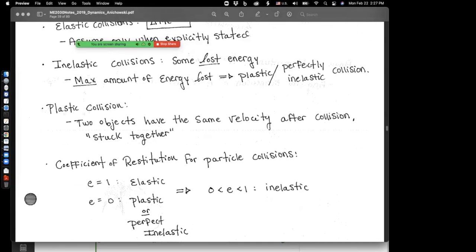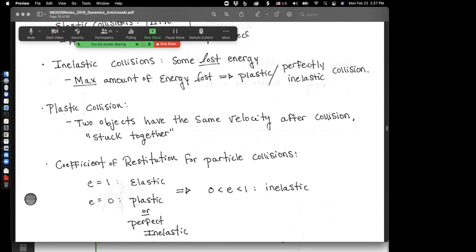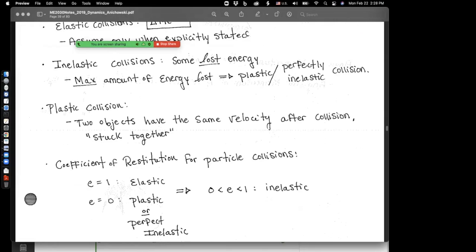And then it turns out, for at least these particle collisions, there's a simple way to think about them using a quantity called the coefficient of restitution. E equals 1 is what is called an elastic collision. E equals 0 is what is called a plastic or perfectly inelastic collision. And E between the two limits is an intermediate inelastic collision, right?